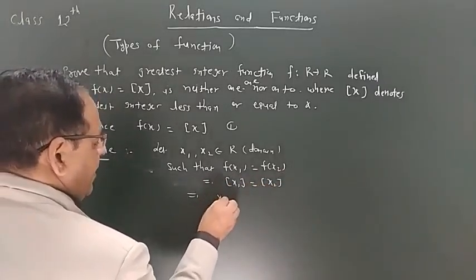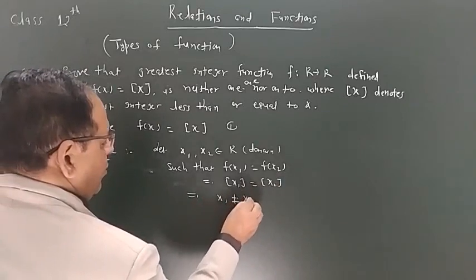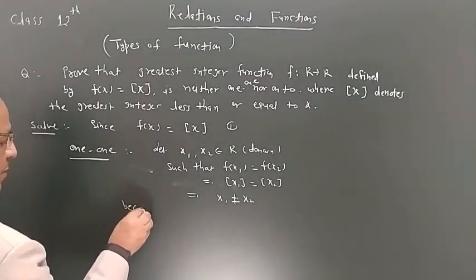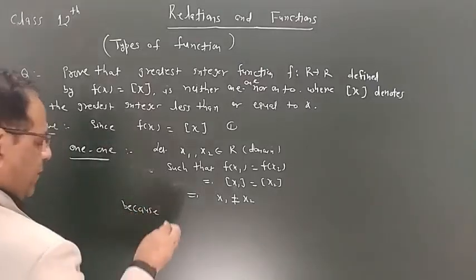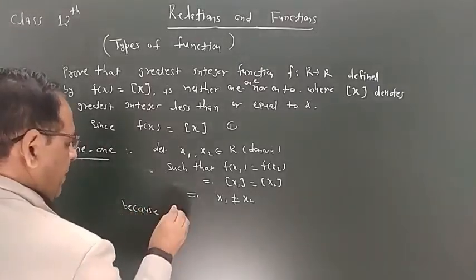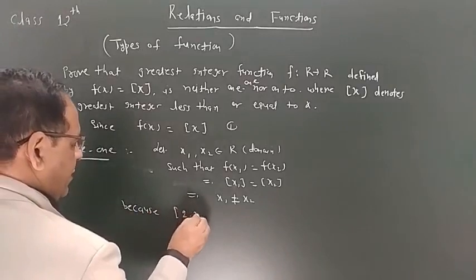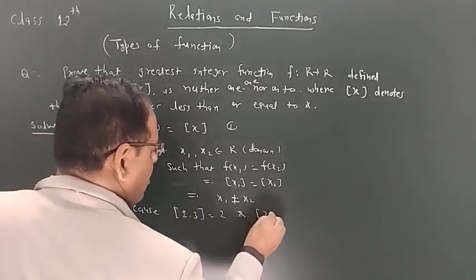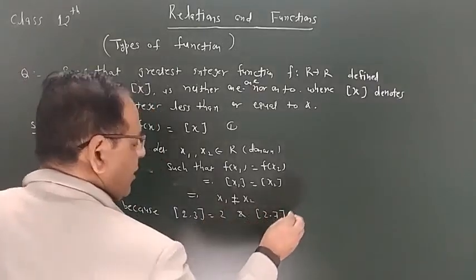This does not imply that x1 equals x2, because [2.3] is equal to 2 and [2.7] is equal to 2.